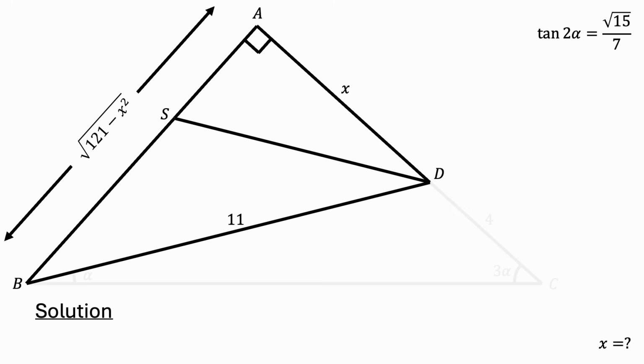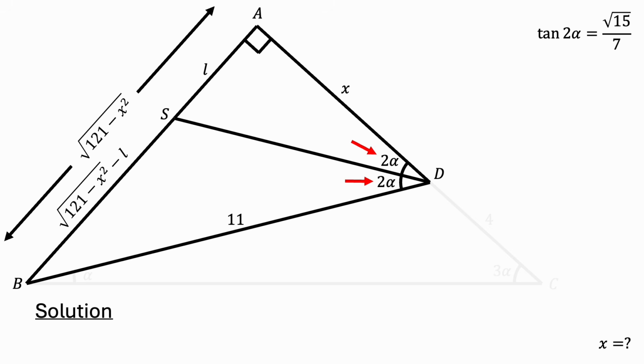Next, let S be on AB such that DS bisects angle BDA. So angle BDS equals angle SDA equals 2 alpha. Let SA equals L. Then BS equals square root of 121 minus x squared, minus L.